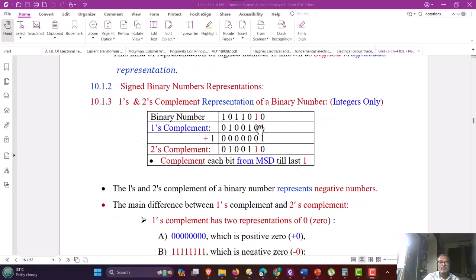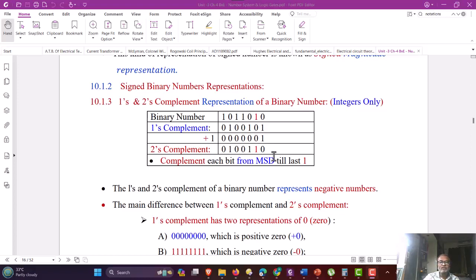So let us see ones complement plus 1. When you add 1 here, 1 plus 1 is 0 with carry, 0 plus carry 1 is 1, then 0 plus 1 plus 0 is 1 again, 1, this 0 plus 0 is 0 again, this 0 plus 0 is 0 again, 1 plus 0 is 1 again, and 0 plus 0 is 0 again. So complement plus 1 gives rise to twos complement.